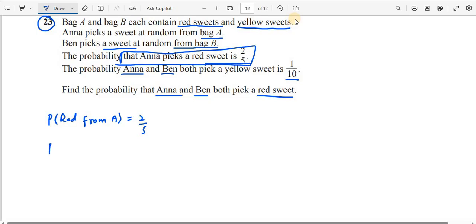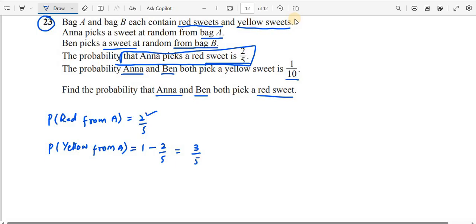So probability of yellow from A is equal to 1 minus probability of red from A. So probability of red from A is 2 by 5, so that is equal to 3 by 5.